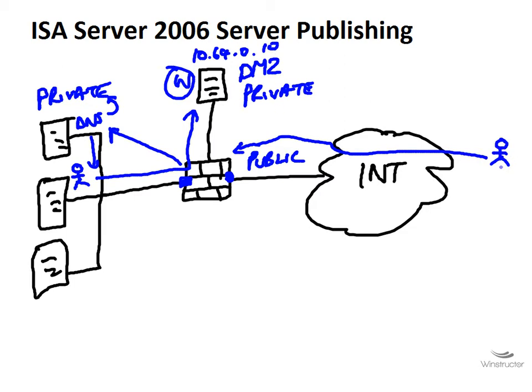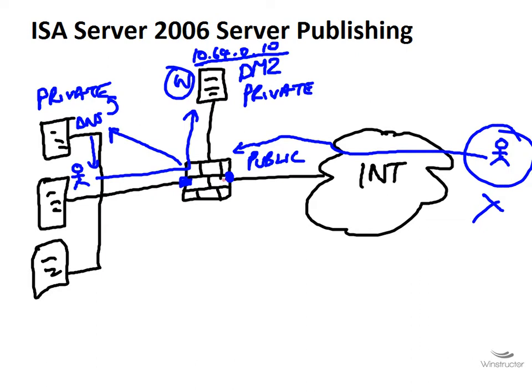Now, since the IP address of our web server is a private IP address, this user out on the internet is not going to be able to get there because obviously it can't route to a private address. So the result is that the user who's coming to visit our site is never going to get there.